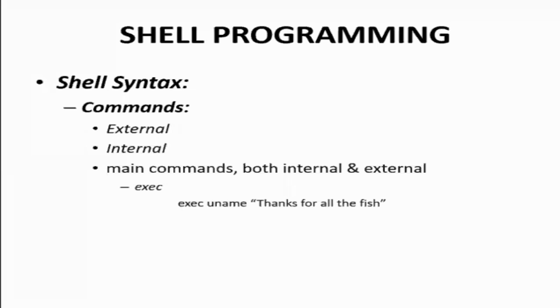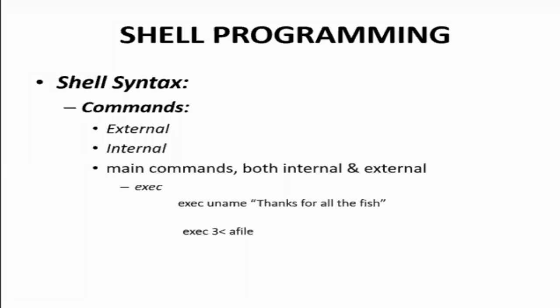So when I use the exec command in a script, it will replace the current shell with the uname command, and no lines in the script after the exec will be processed because the shell that was executing the script no longer exists. The second use of exec is to modify the current file descriptor. For example, exec 3 < afile, where < is the input redirection operator.